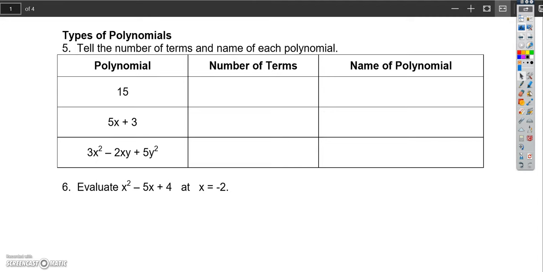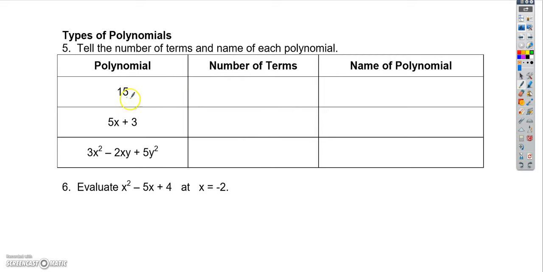So, types of polynomials, the number of terms. There's only one term, there's only one thing, nothing added to it, so one term. And we call this a monomial. Mono means one, so we call it a monomial. Notice we have two terms, 1, 2.